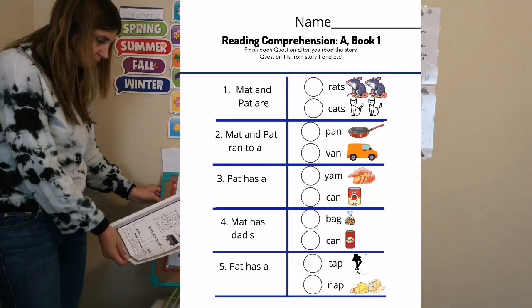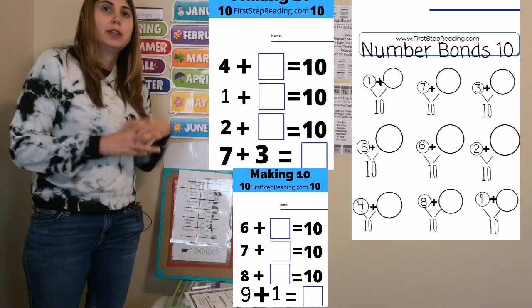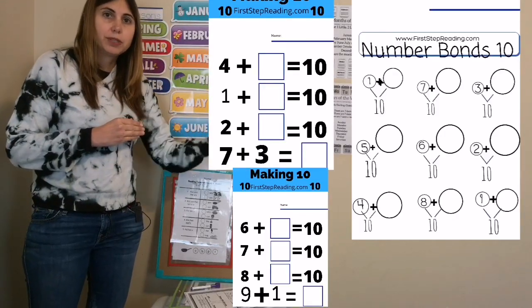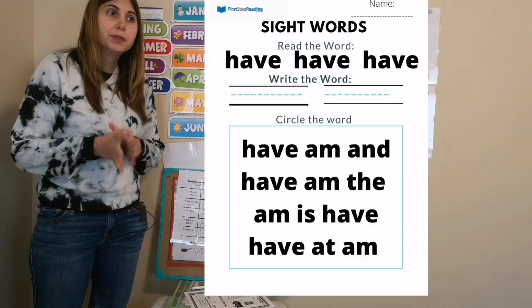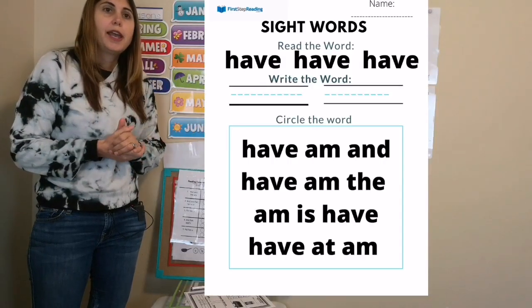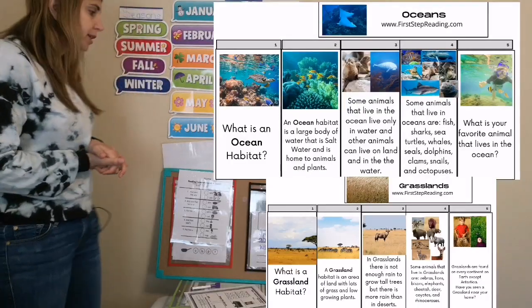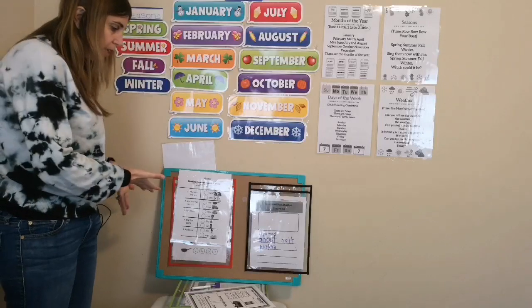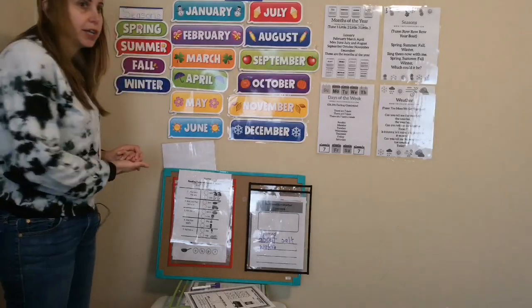Okay? Learning for this week, figuring out the missing numbers that equal 10, number bonds, the sight word "have" and reviewing all your sight words, and the ocean and grassland habitats. And please practice reading short vowel "and" words and your sight words.